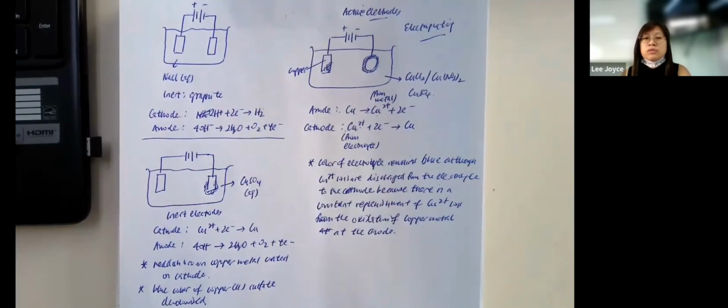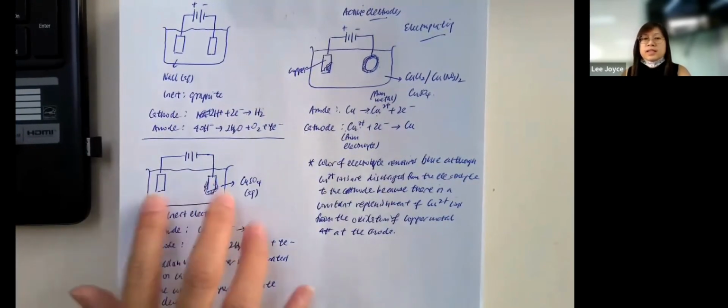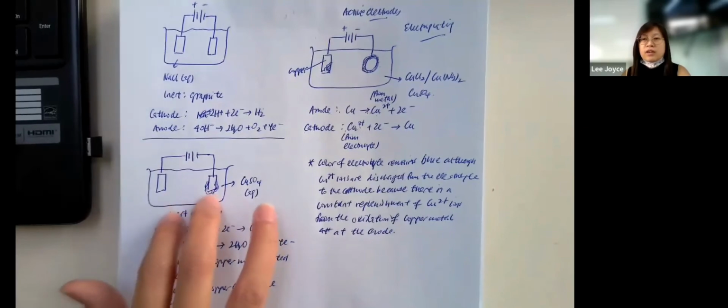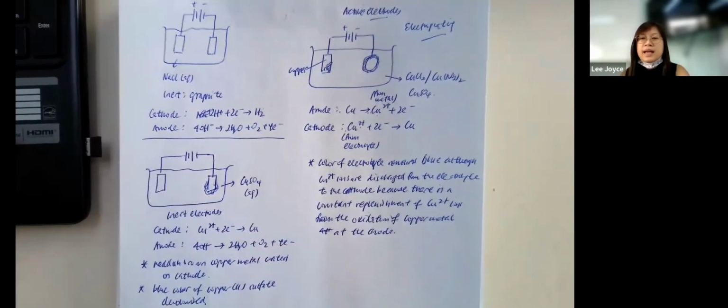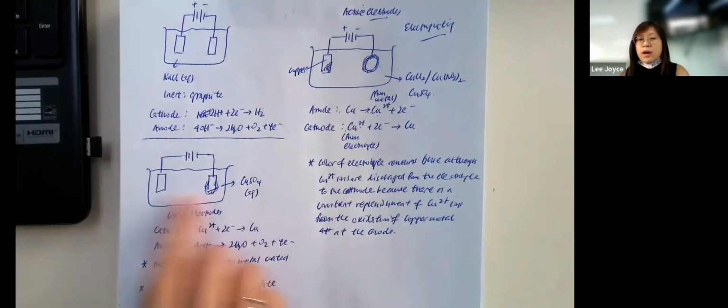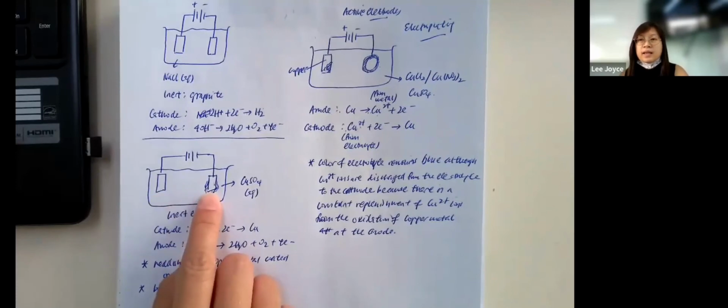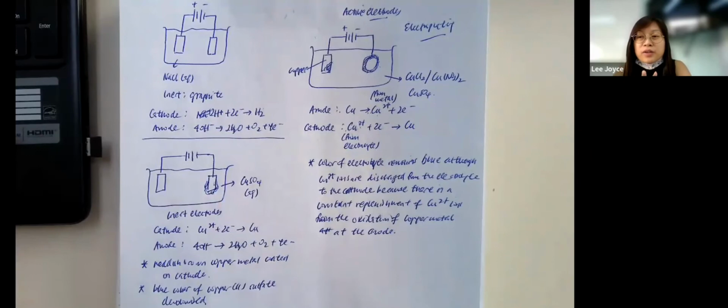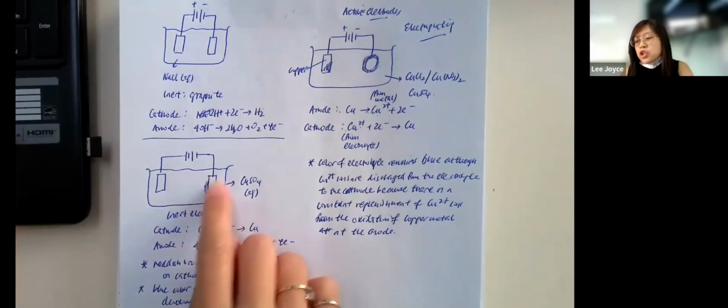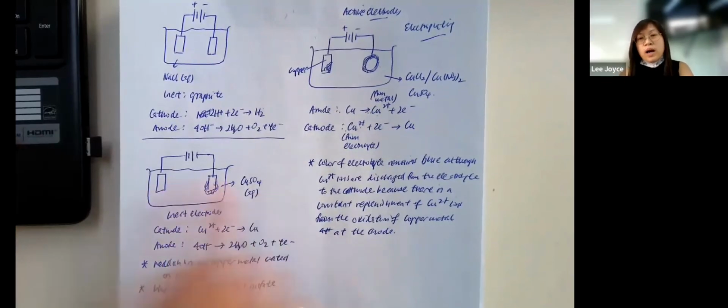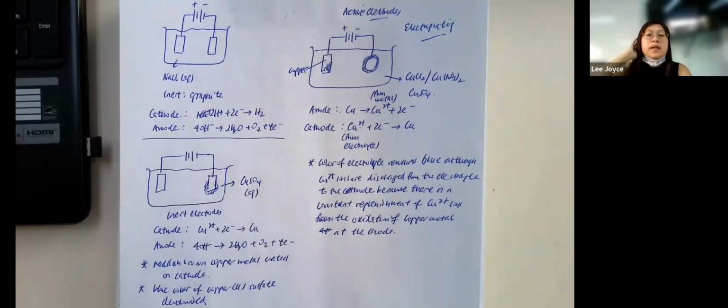So in the context of this electrolysis, the inert electrodes, it also means that the graphite, carbon, and the platinum electrode cannot be used forever. They will still have to be changed, especially when one round of electrolysis is completed. Because after all, they are affected by the oxygen from the surrounding and also from the anode.